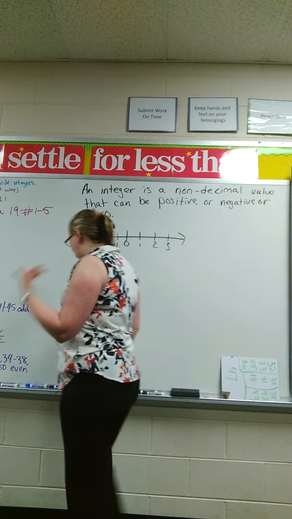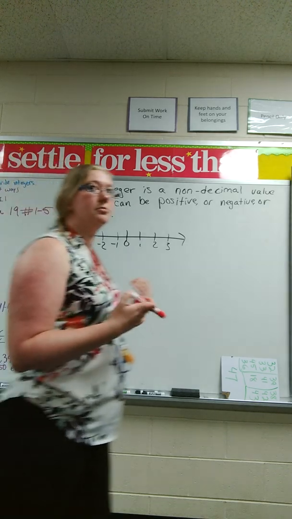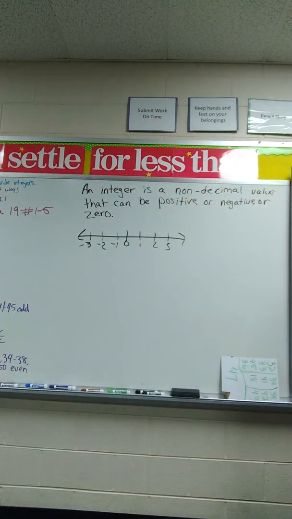If I wanted to graph negative 2, and I'm actually looking at example 3, I'm sorry, but my example isn't in example 3. If I wanted to graph negative 2, what would I do? You'll go over 2 places. Do I have anything that I can go up? No, so I would just go over negative 2.